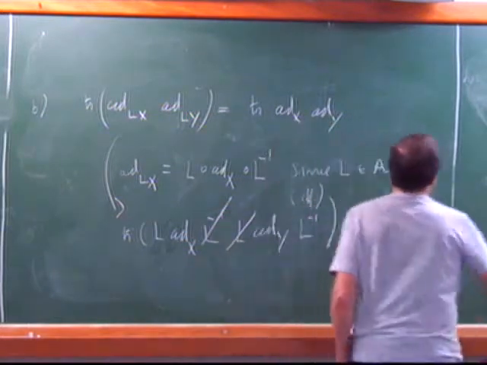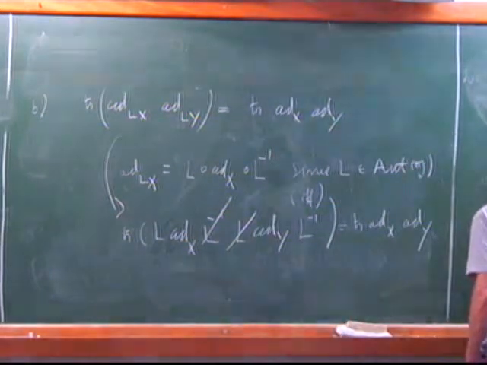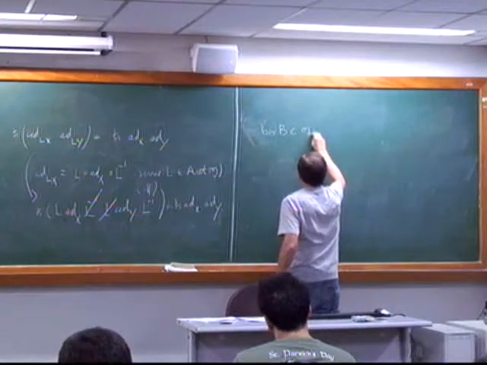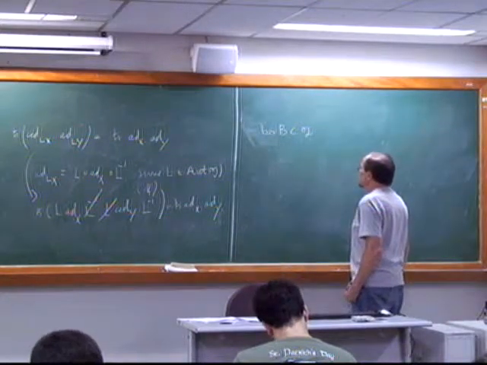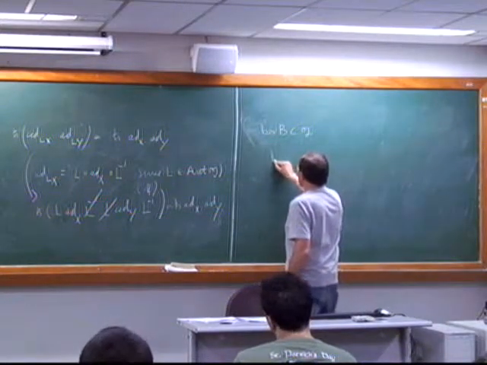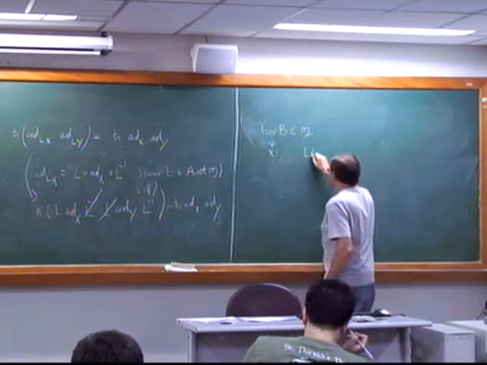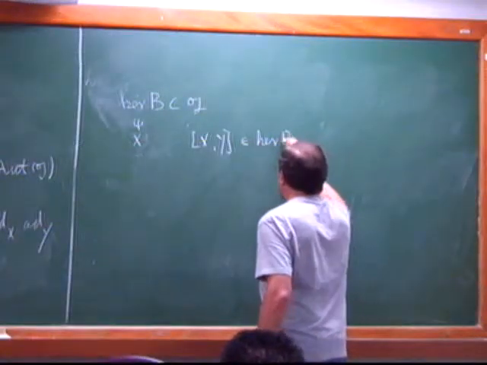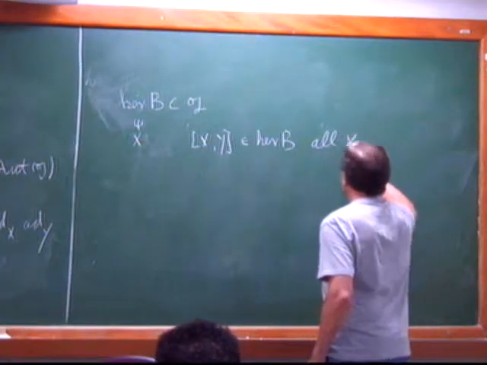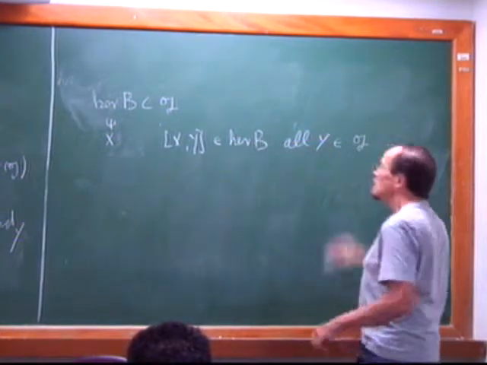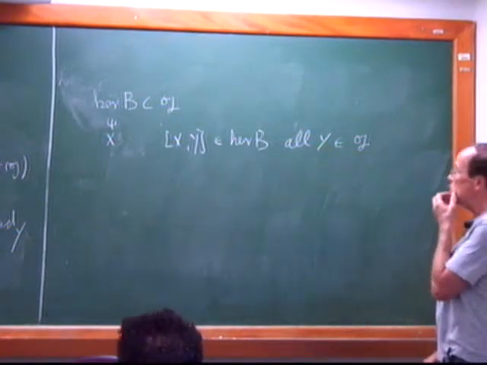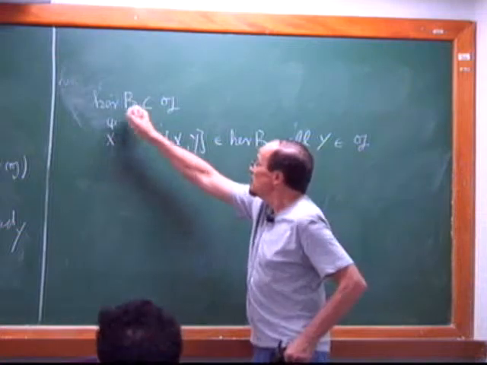So what does that mean? So I have kernel B contained in G. So it means that if X is in the kernel, I need to show that the bracket of X, Y is in the kernel for all Y. Right, that's what needs to be ideal. The bracket of this with this lies in here.